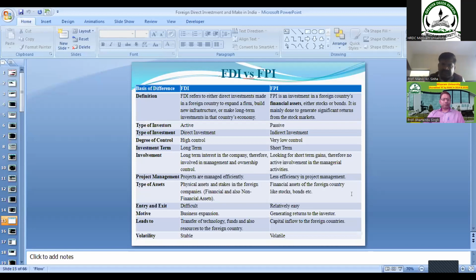Volatility: FDI is stable, but in FPI, the volatility level is very high. It is volatile, and for example, during the COVID period, we can see foreign portfolio investment in India increased due to the low rate of return in other countries.